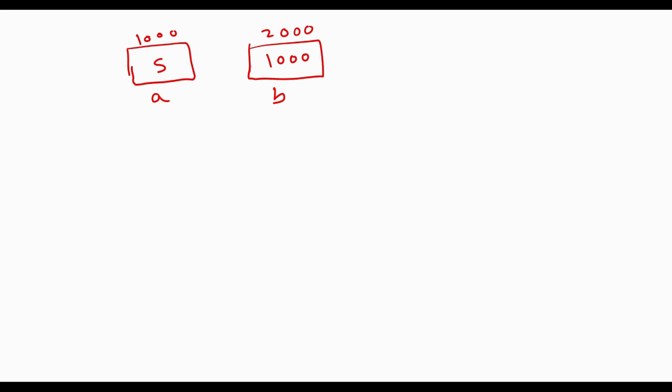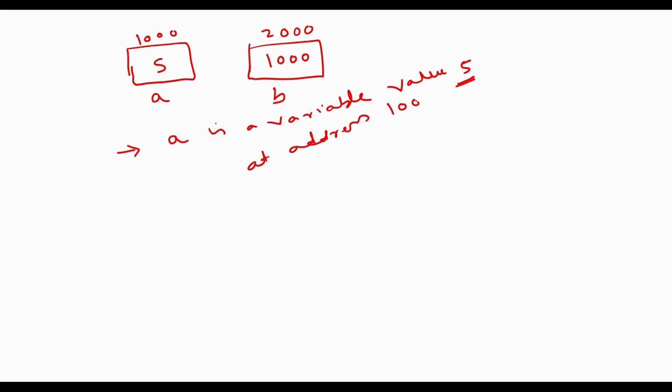First we will see what the connection is. For example, these are the two boxes where A is containing the value 5 at address 1000, and B is containing the value 1000 at address 2000. If I ask you what the relationship between the two is, what will we conclude? We will say A is a variable which is having the value 5 at address 1000.